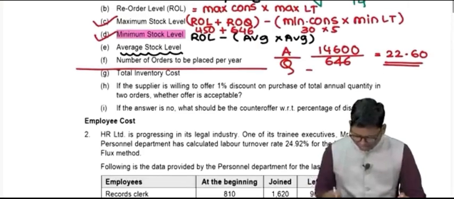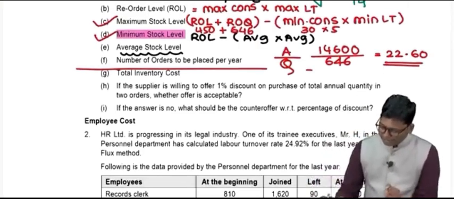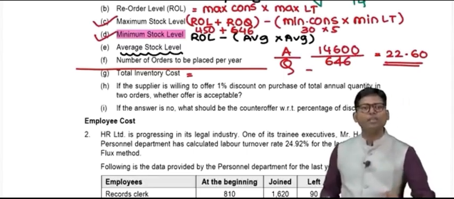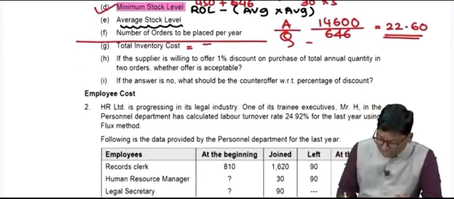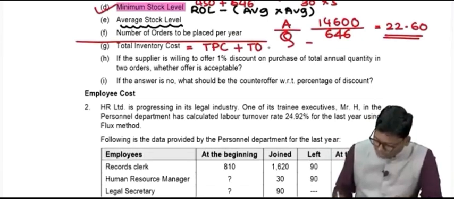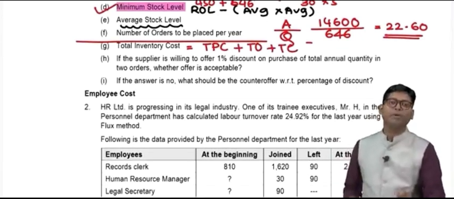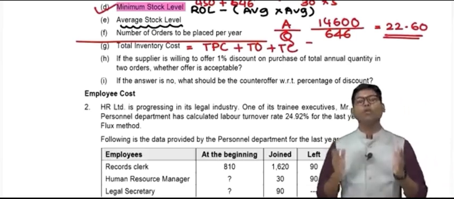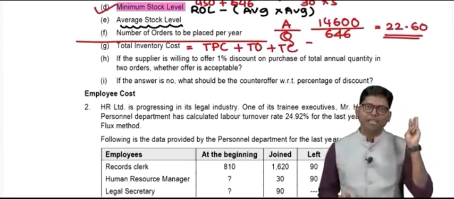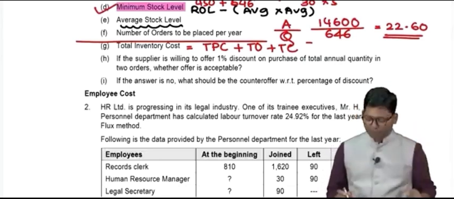Now, if you check the next point, point G is asking us to calculate the total inventory cost. Whenever the question asks us to calculate total inventory cost, it means it is asking us to calculate the total purchasing cost, total ordering cost, as well as total carrying cost. Inventory cost always includes 3 types of cost: purchasing, ordering and carrying. Now the question comes, sir, how to calculate purchasing cost?